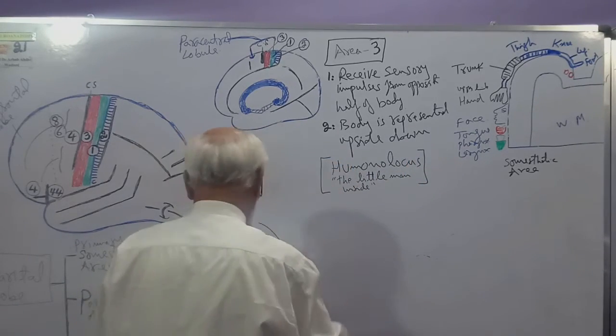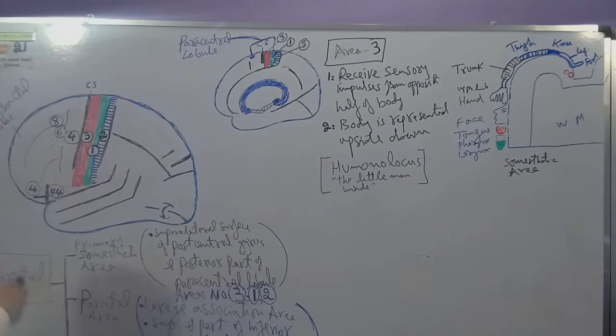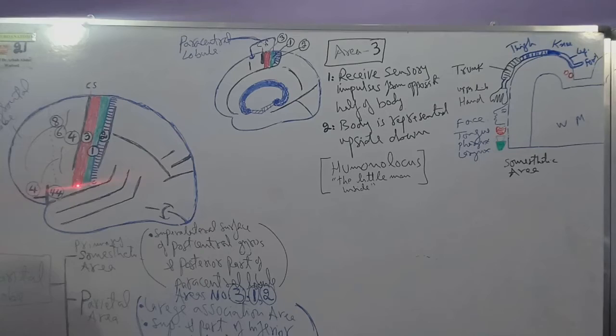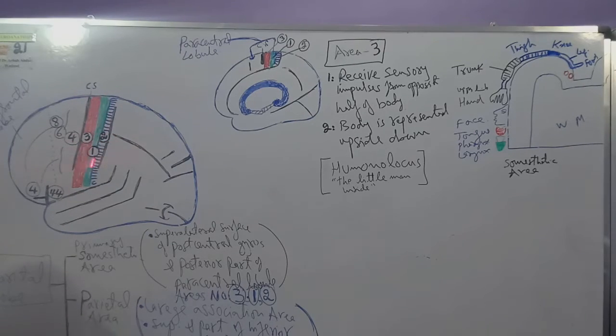So just like in the motor area, the human body is represented upside down in motor areas number 4, 6 and 8. Again in the sensory area 3, 1, 2, the body is represented upside down. It's called homunculus.